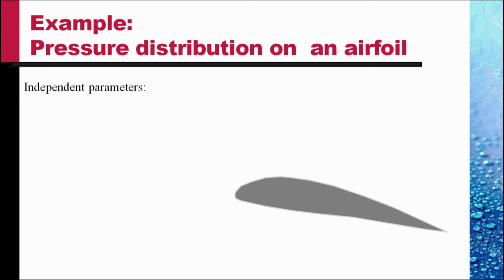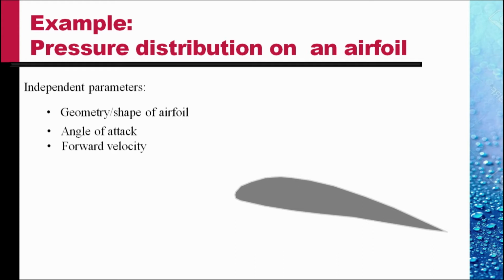We have independent parameters like geometry or the shape of the airfoil, the angle of attack, the angle the chord of this airfoil makes with the oncoming flow, and the forward velocity. These are parameters. They need to define what the problem is.